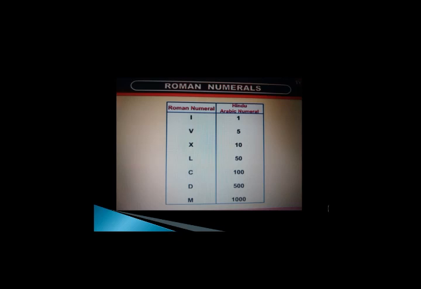Similarly, X stands for 10, L stands for 50, C stands for 100, D stands for 500, and the 7th symbol of Roman numeral, that is M, stands for 1000. And these are always denoted in a capital letter.